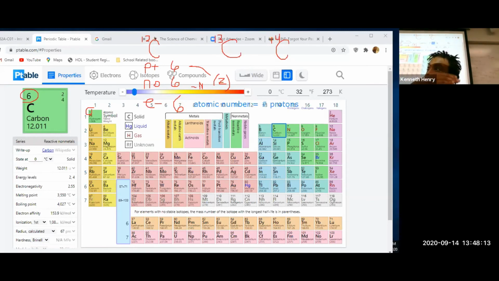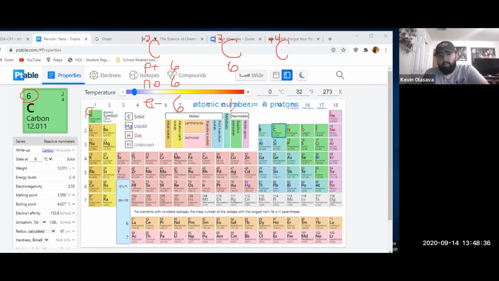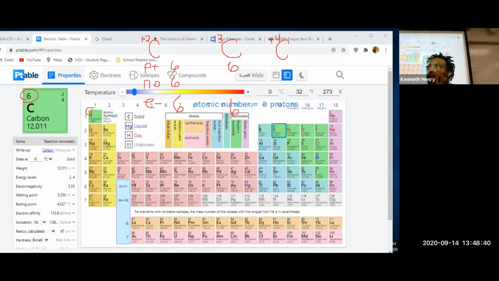Okay, so now that we've talked about that, let's talk about carbon-13. How many protons does carbon-13 have? 6. Okay, how many electrons does carbon-13 have? 6 electrons. Okay, then how many neutrons does carbon-13 have? 7.